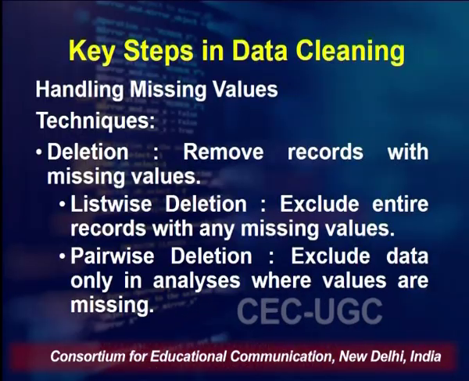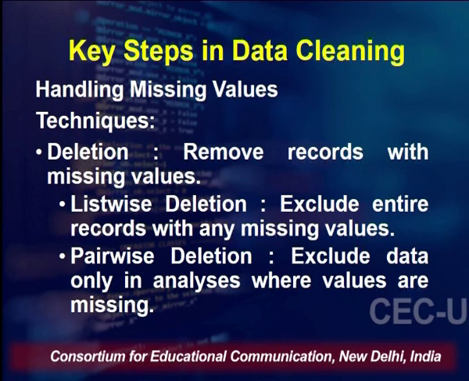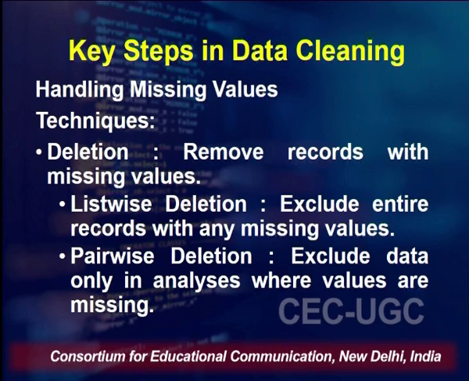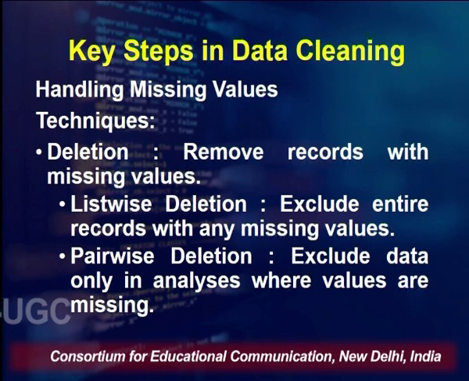The first problem which we see is the problem of missing values. How do you handle missing values? There can be different approaches. The first is that you simply delete or remove the records which have missing values.